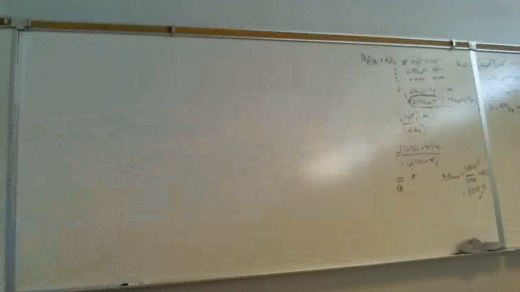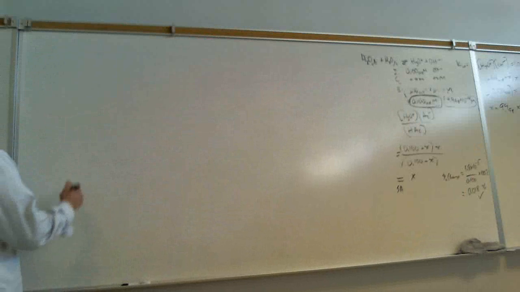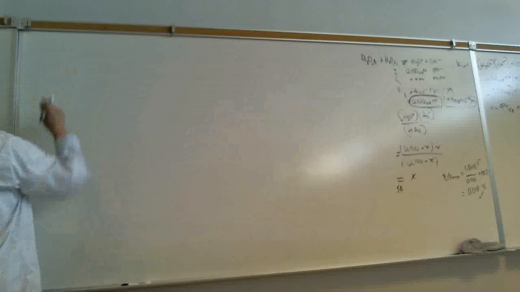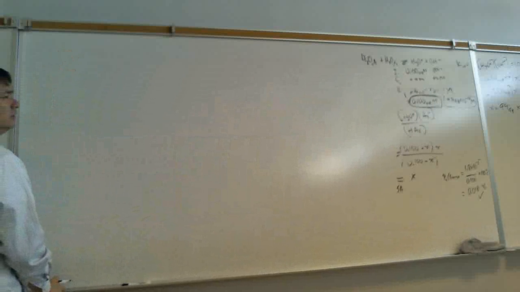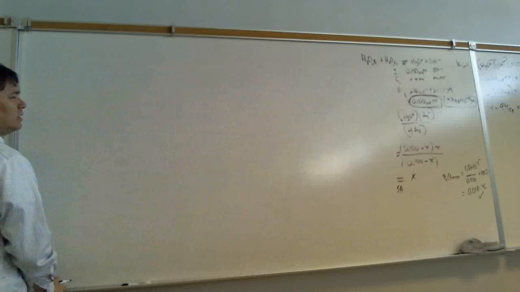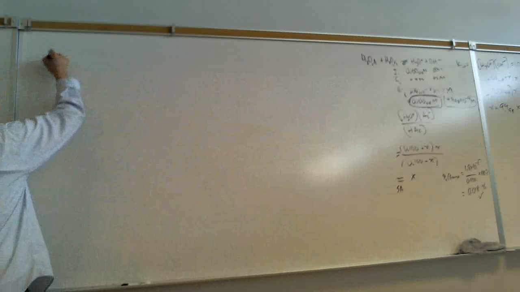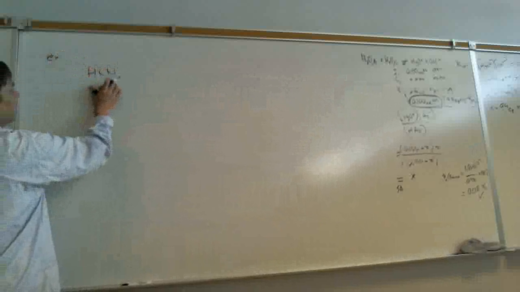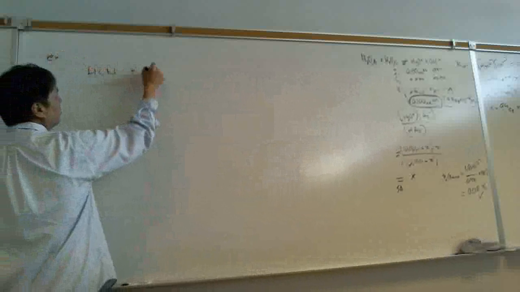Okay, let's take a look at a different type of mixture now. In this mixture, you're kind of thinking common ion, but maybe not so much. An example of this would be something like HCN, hydrocyanic acid, with ammonia.